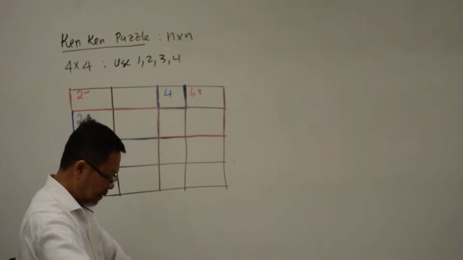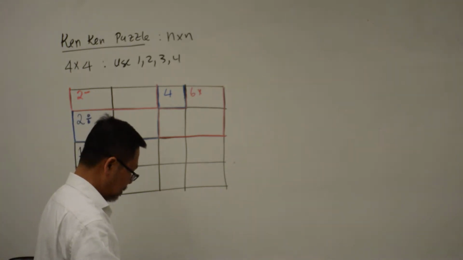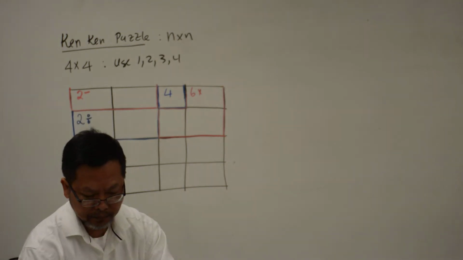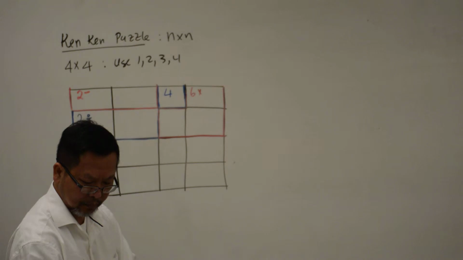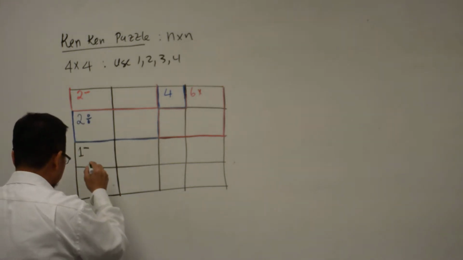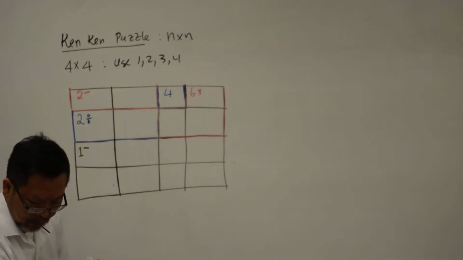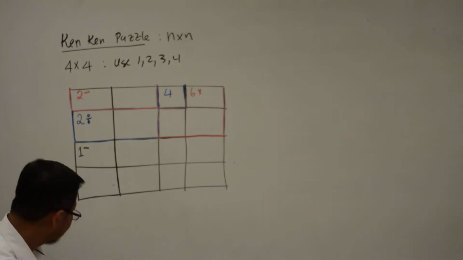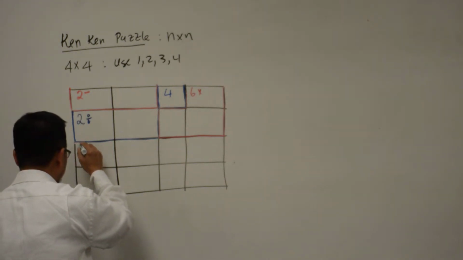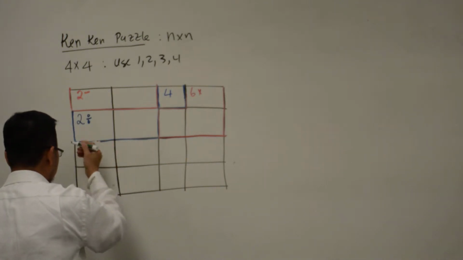But we use a different color here. Let's see. So 1 is from here to here.